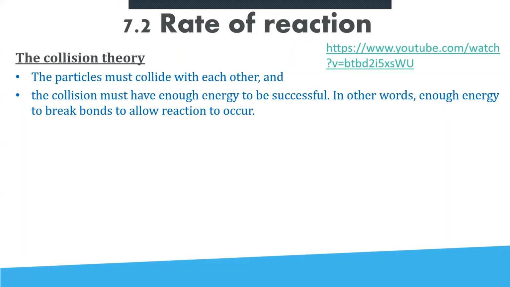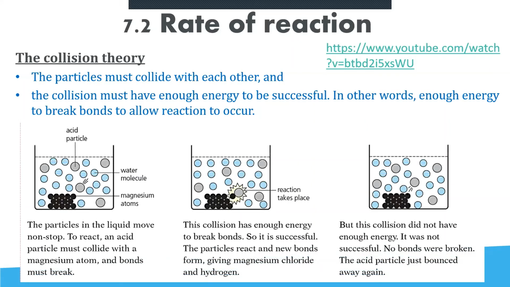And in order for the reaction to occur, there should be a successful collision. Now, particles may collide, but there might not be any reaction. So the particles should collide in the correct arrangement, and only then does the reaction occur. So collision alone is not enough.